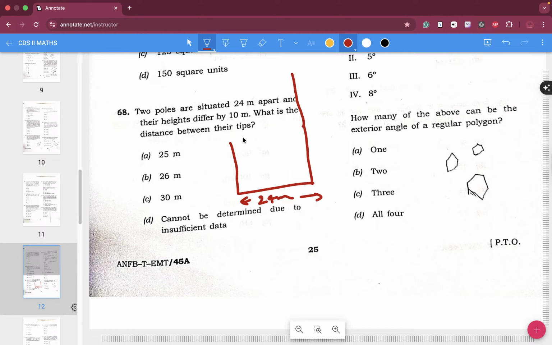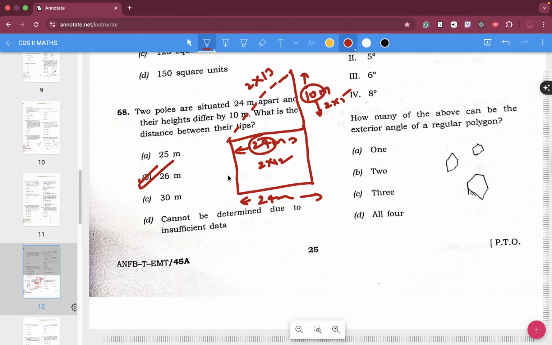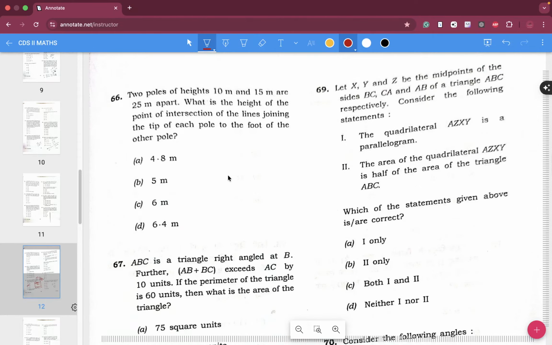If the height differs by 10 meters, it means this particular height is 10 meters, and this particular distance is 24 meters. Now what is the distance between their tips? It will be 10, 24, which means 2 into 5, 2 into 12, and over here 2 into 13. 5, 12, 13, Pythagoras triplet. Easy.